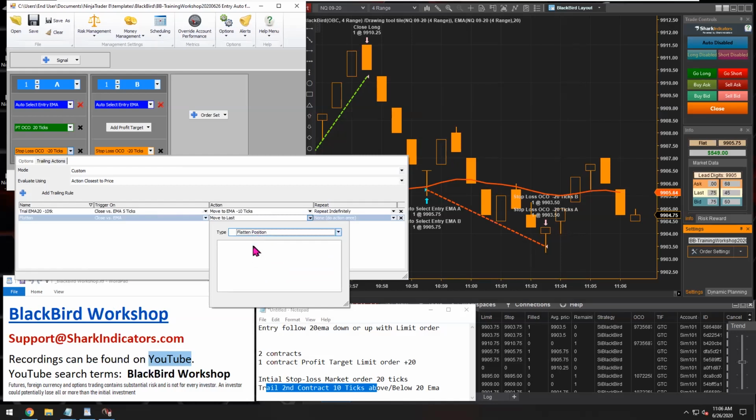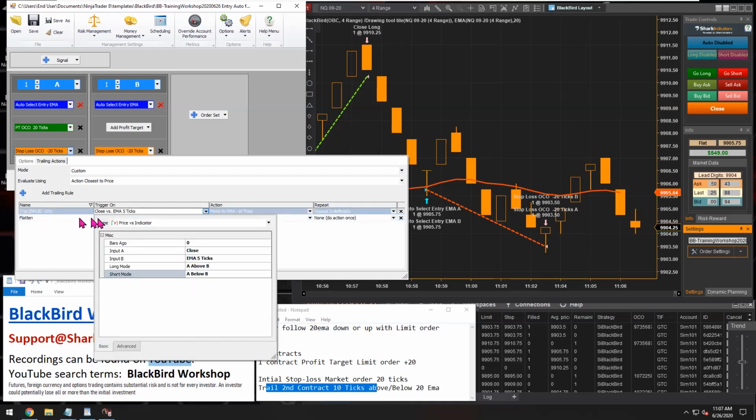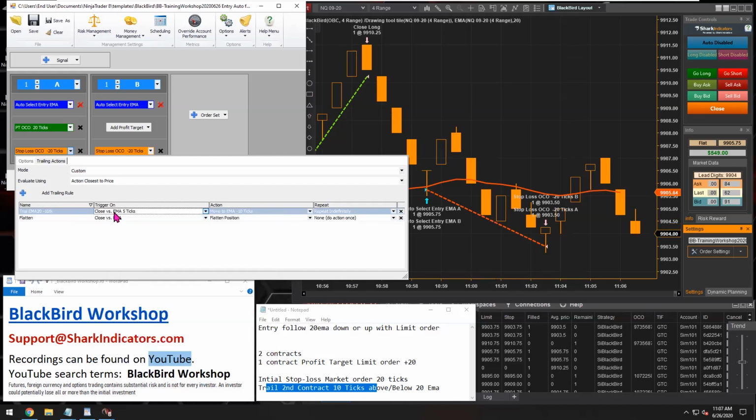So we'll change that to flatten position there. And if you're going to flatten a position, then obviously there's no repeat, right? You can't flatten a position more than once, so there's no repeat for this. So there we go. These two triggers actually conflict with each other, so we'd have to remove one of them.